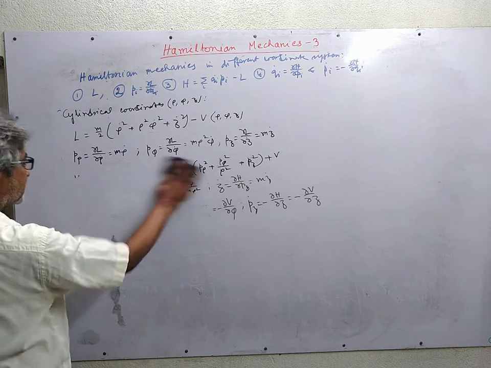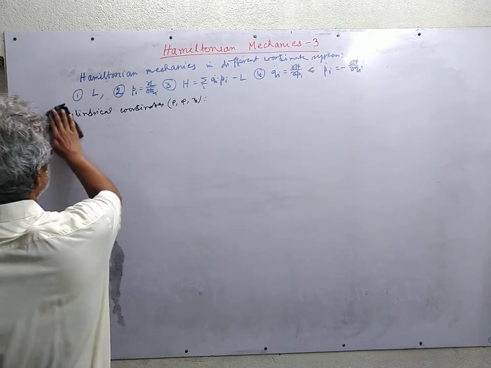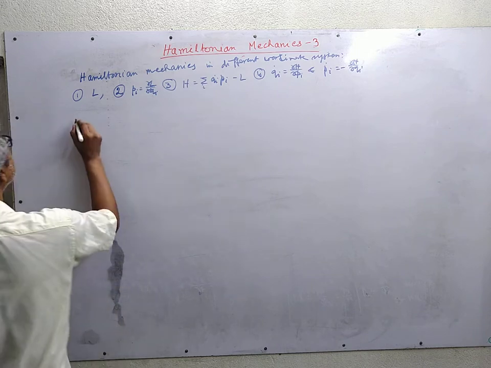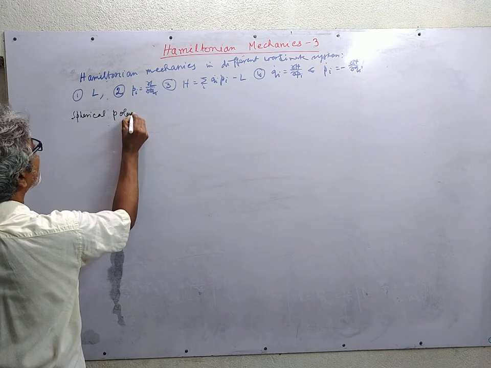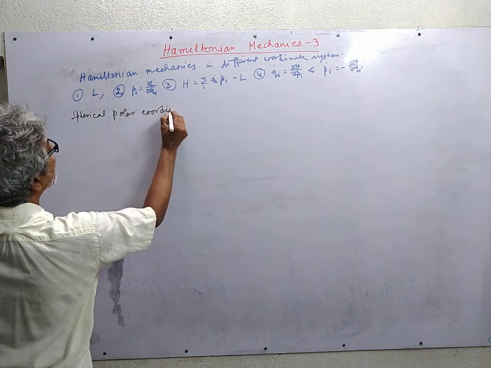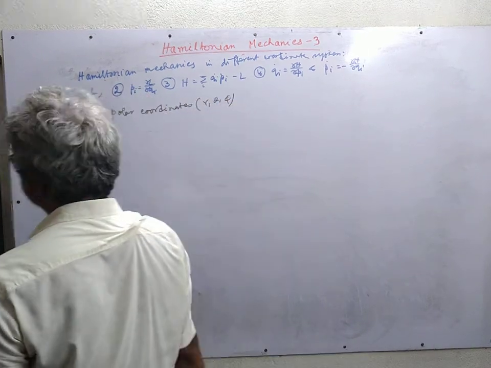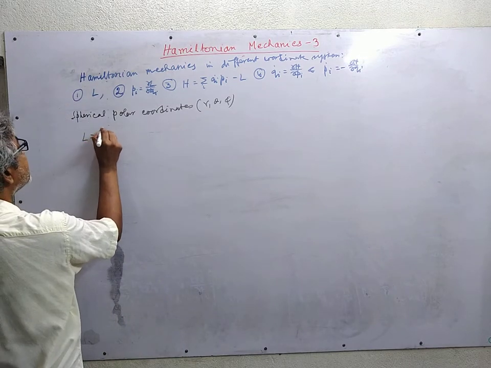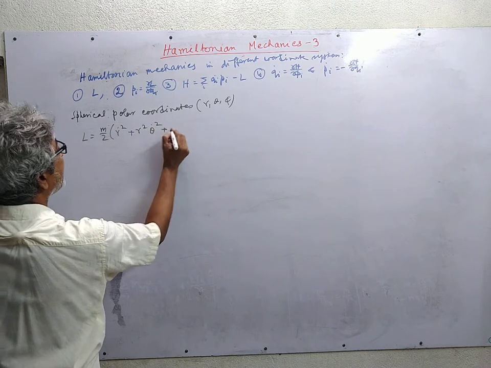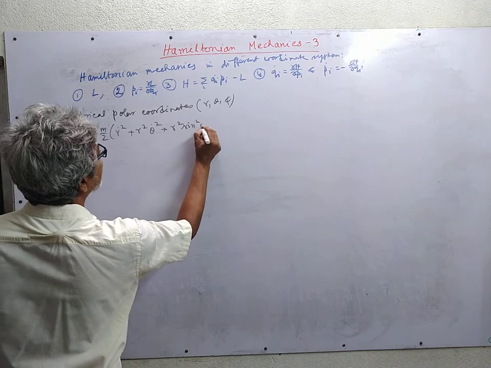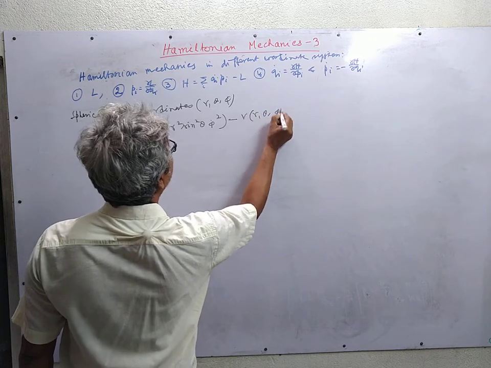And finally we shall consider the spherical polar coordinate system. So it is the r, theta, phi system. The Lagrangian L is m by 2 times r dot square plus r square theta dot square plus r square sine square theta phi dot square, minus V of r theta phi.